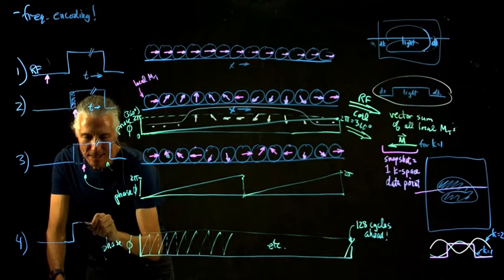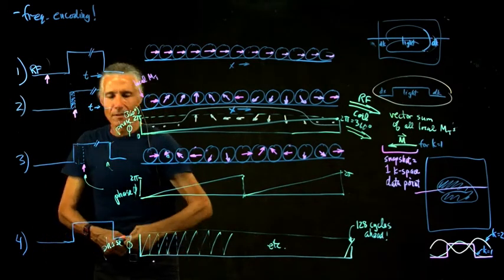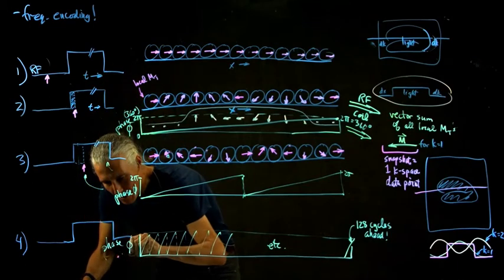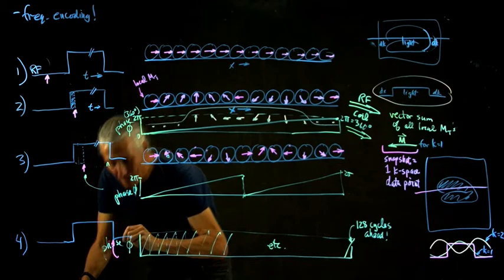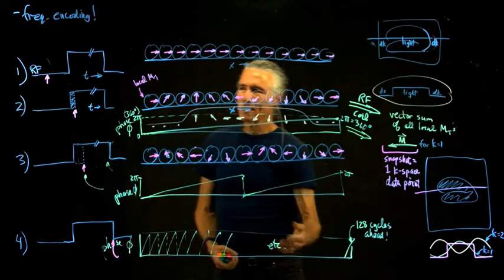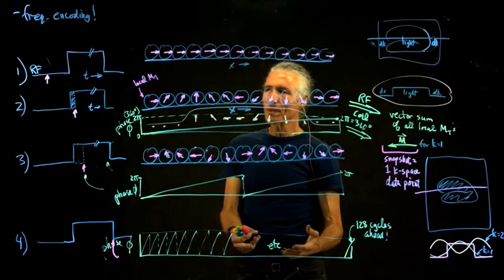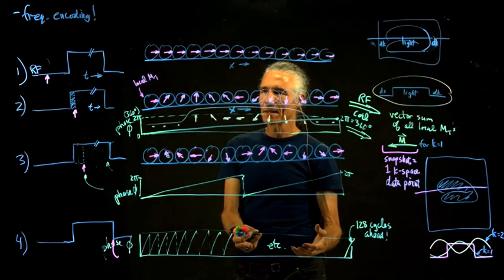So this would be like at the end of the gradient. At the very end, right here, you can see you'd have 128 wraps. And what is that? That's spatial frequency 128.